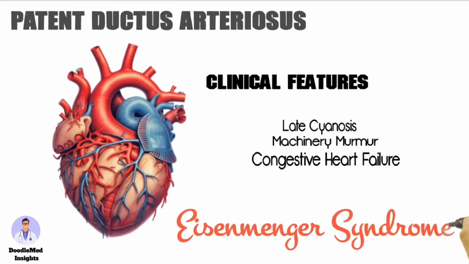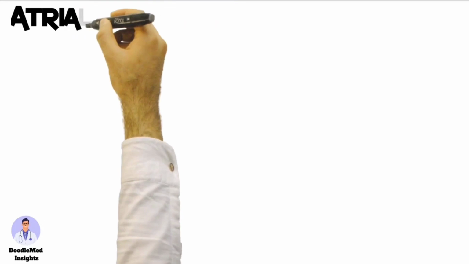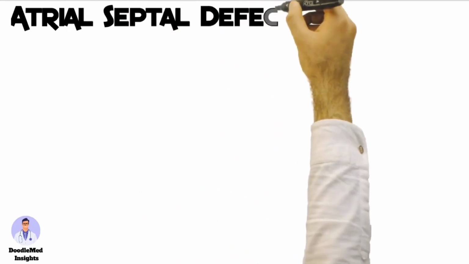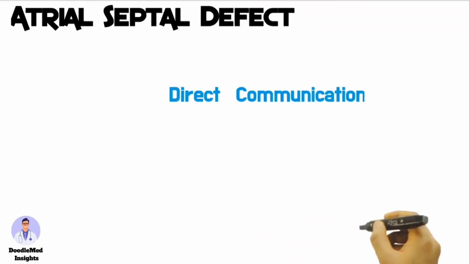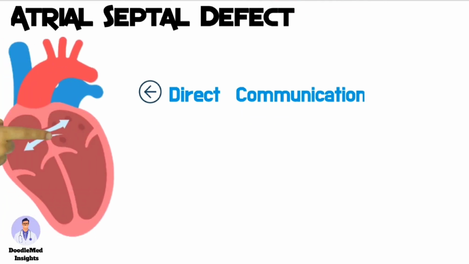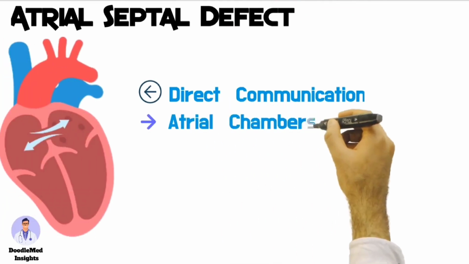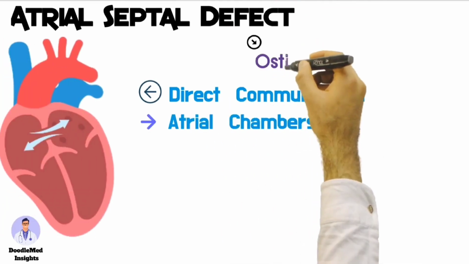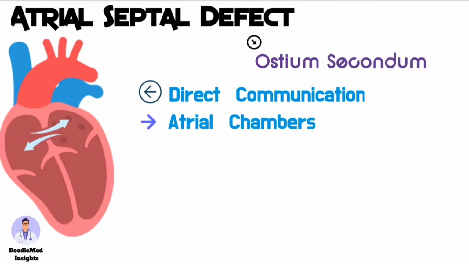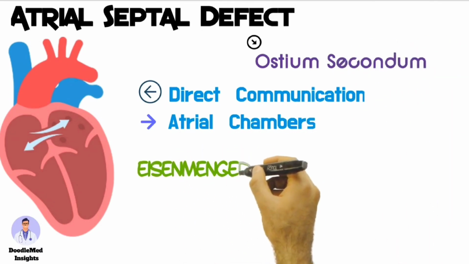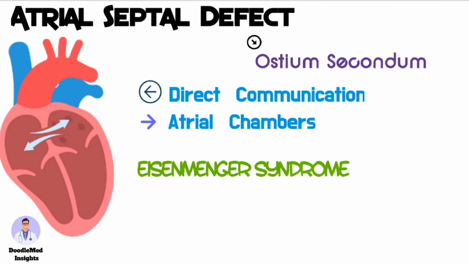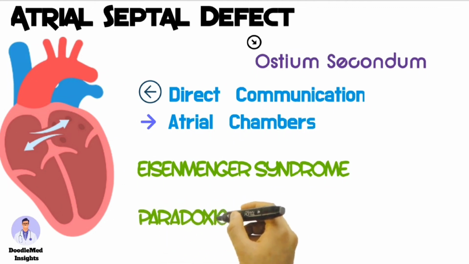Eisenmenger syndrome may develop as a complication. Atrial septal defect is a direct communication between the atrial chambers. The most common type of ASD is an ostium secundum defect. Complications include Eisenmenger syndrome and paradoxical emboli.